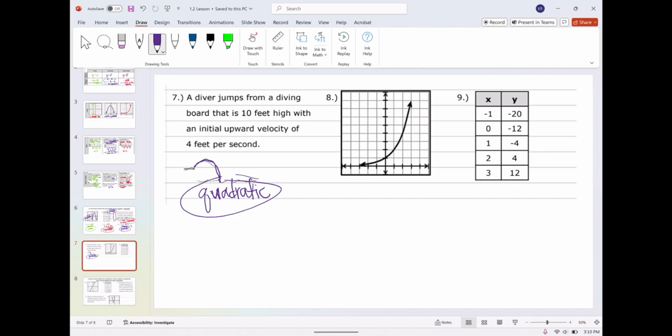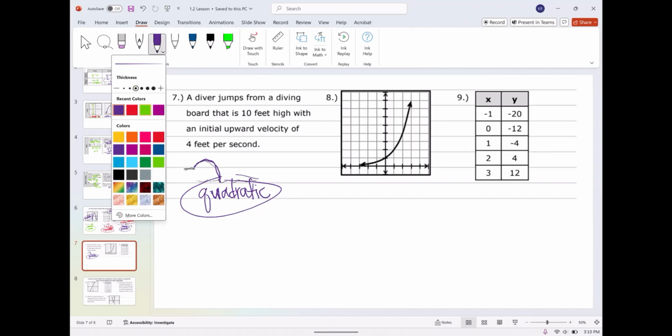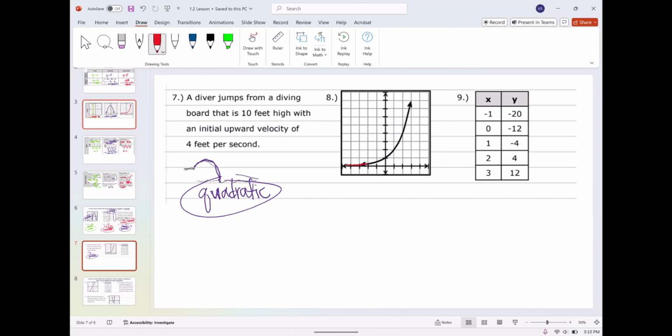Alrighty, number 8. Looks like it's not a line, it's not a parabola. It looks very much like an exponential curve to me. So we're approaching this, never going to touch or cross, then it goes upward, so that's exponential. I'll just abbreviate. And then number 9, let's see what's happening to the y values with this table.